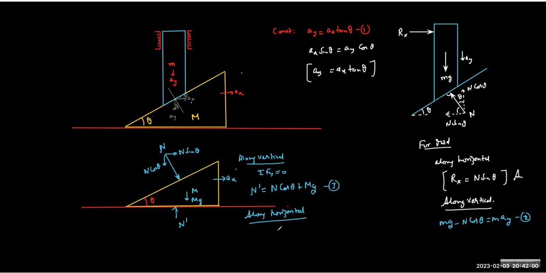N sin theta equals m into AX. Very good. N sin theta equals capital M into AX. So we know the N value from here because AX and AY are known to you. You can get AX from question 3 and AY from question 2. Substitute here and solve for the normal value, the N value.